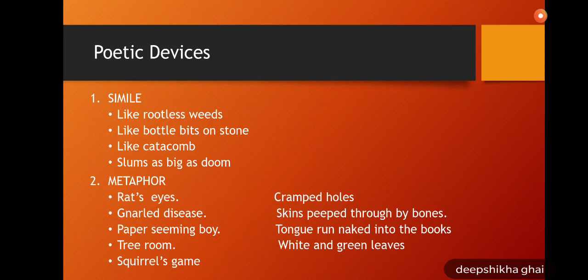Metaphor: rat's eye, gnarl disease, paper seeming boy, tree room, squirrel's game, cramped holes, skins peeped through by bones, tongue run naked into the books, white and green leaves. Beautiful comparisons indeed.